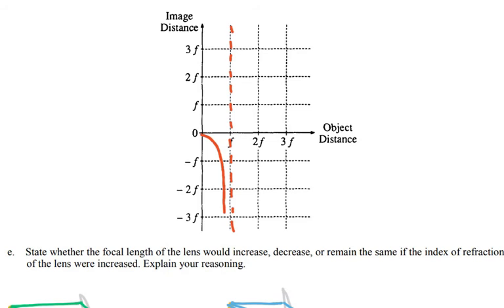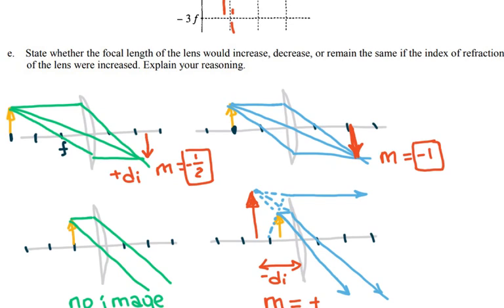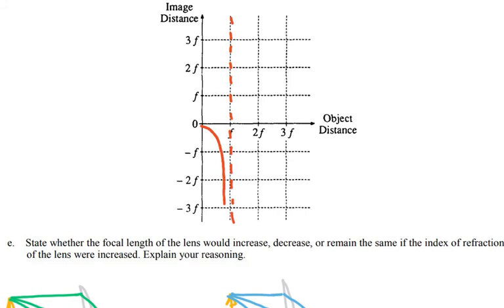And then when my distance to the object is increasing from the focal length that way, then di is going to be coming from the infinity and approaching the focal length. So it's going to get closer and closer to the focal length. And here is the focal length.